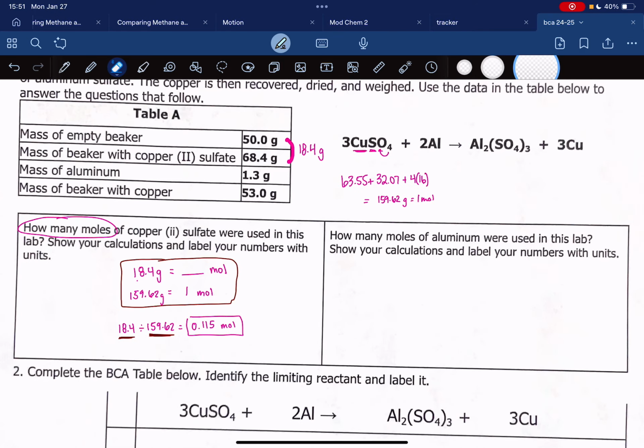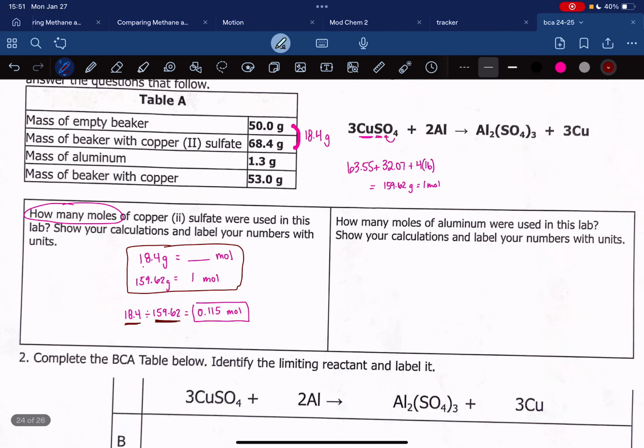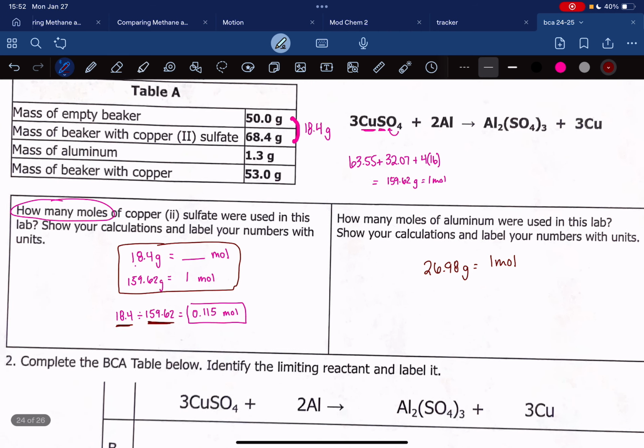Now I'll do the same thing for my aluminum. 26.98 grams is the mass of 1 mole. I get that from my periodic table. And in this case, I have 1.3 grams of aluminum. How many moles is that equal to?